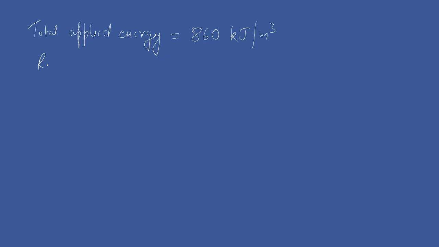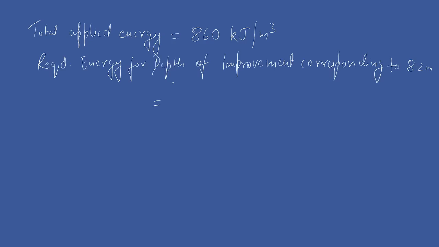So we just need to multiply the total applied energy with the 8.2, 860 into 8.2, and if you want to calculate into the megajoule, so that is 7.02 megajoule, right Tushar? 7.05. Yes. Yes.